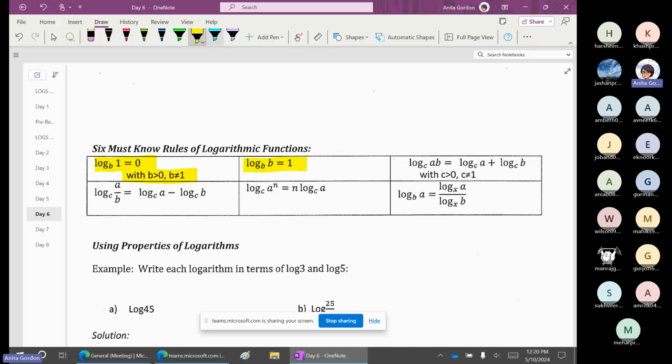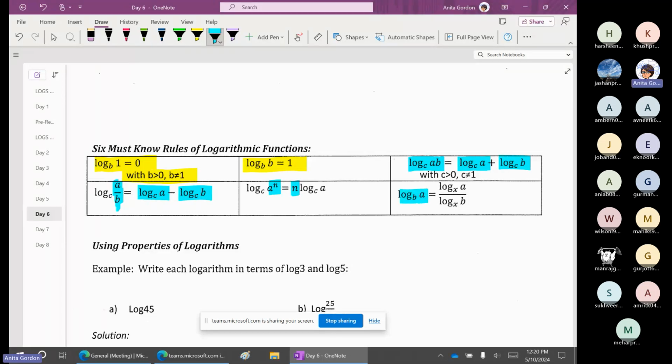If we have a log of any base with 2 numbers on the inside that are multiplying, we can separate them by adding them. If the inside is dividing, we can separate them by subtraction. If our inside has an exponent, we write it as a coefficient.